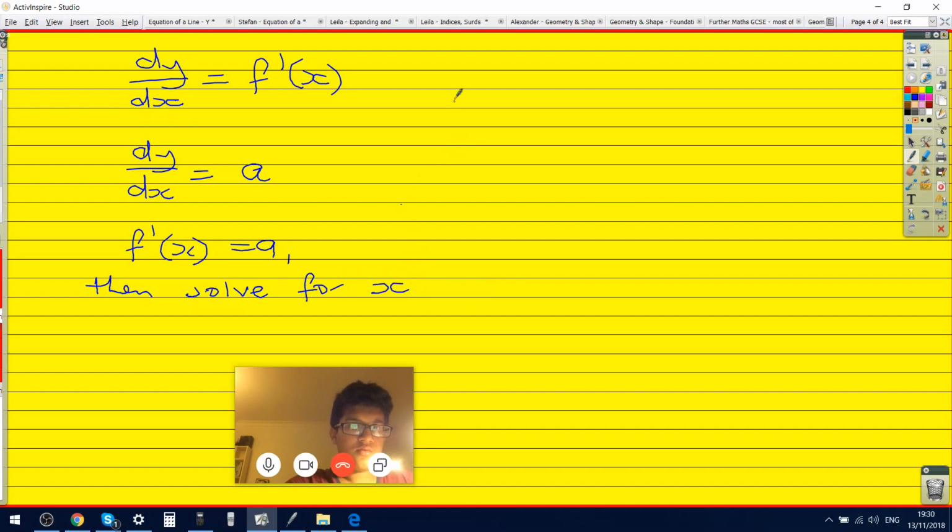And so the f dash of x could be anything. It could be of the form mx plus c, it could be ax squared plus bx plus c. So something that you would know how to solve. And then just work in reverse.